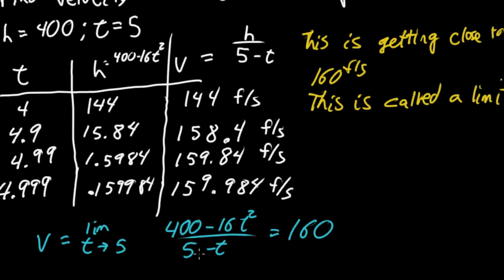Now, notice some things we can't do. We can't just plug in 5 here, because we would end up with a denominator of 0, and we can't divide by 0. So plugging in 5 won't work. On most limit problems, plugging in a number will give you the answer, and in even more of them, you can plug in a number very close to what you're trying to find the limit of.